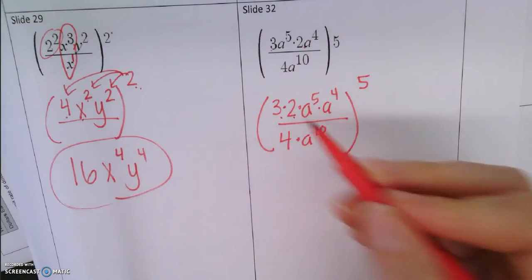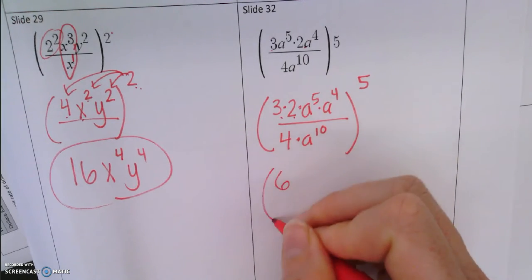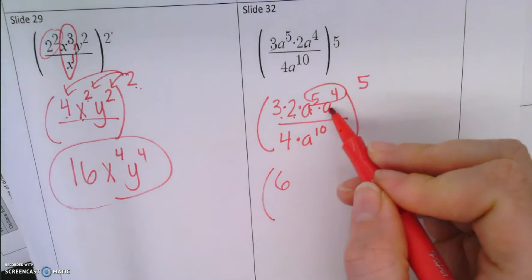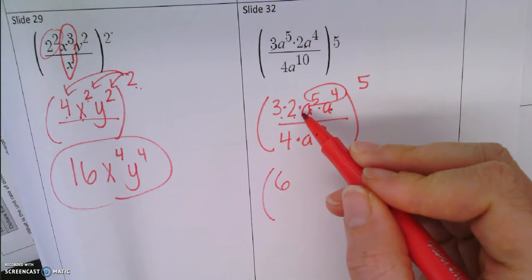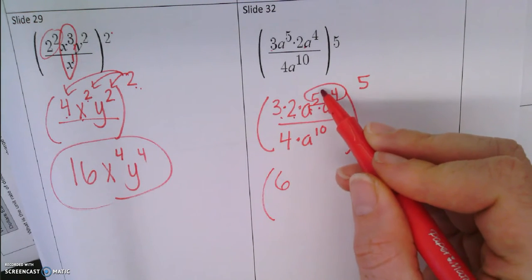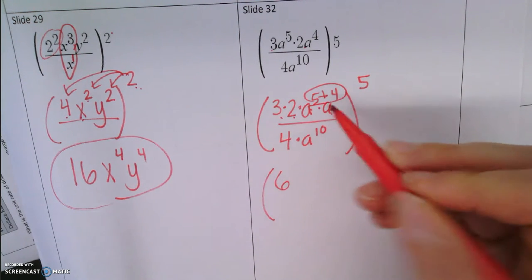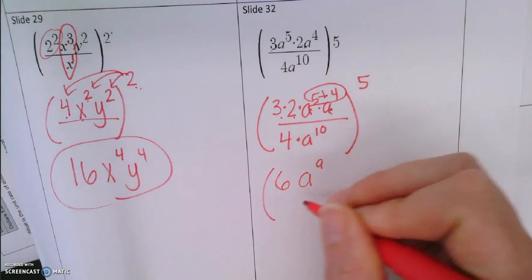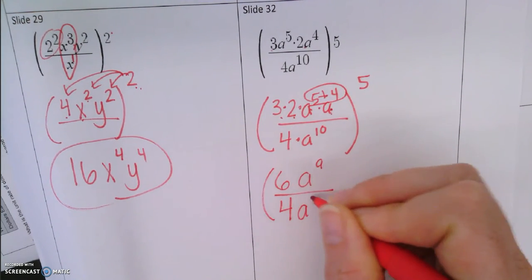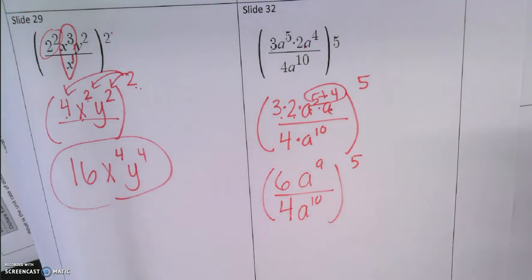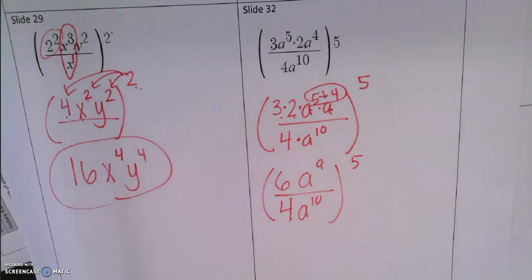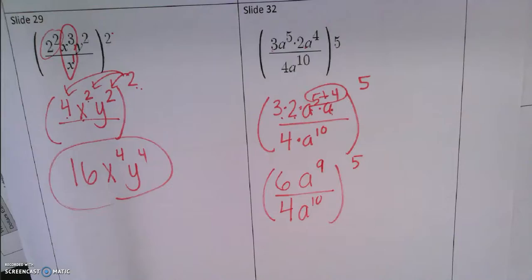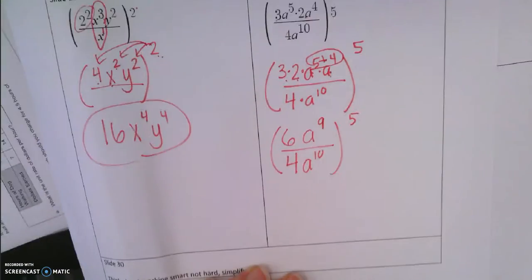I'm going to say 3 times 2, well, that's 6. A to the 5th times a to the 4th, it's a product of powers, so I'm going to add my exponents. I'll have a total of 9 factors of a in my numerator, 4a to the 10th in my denominator. Again, I'm going to show these steps. If I do too many at once, I might get lost and make a really silly mistake.